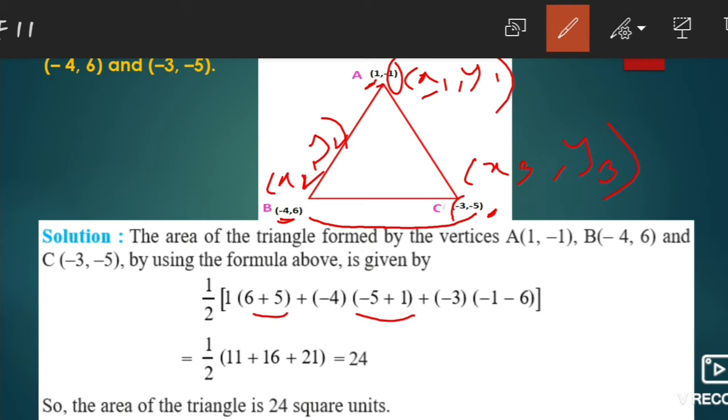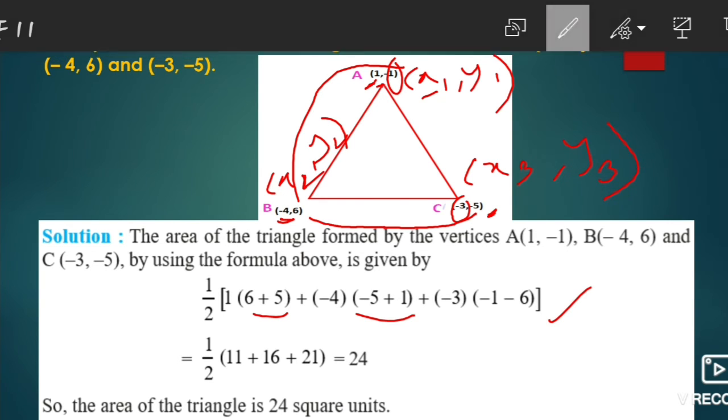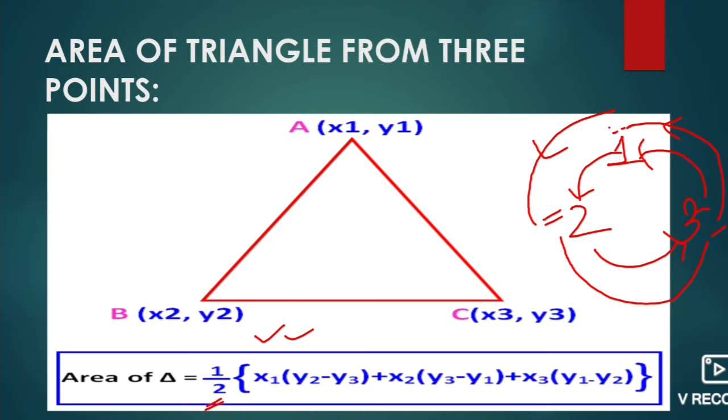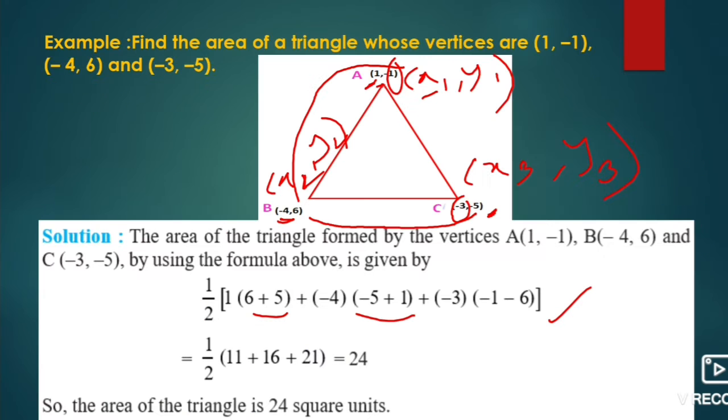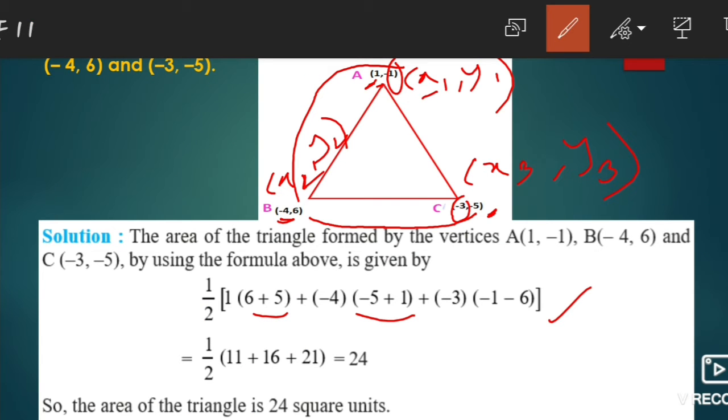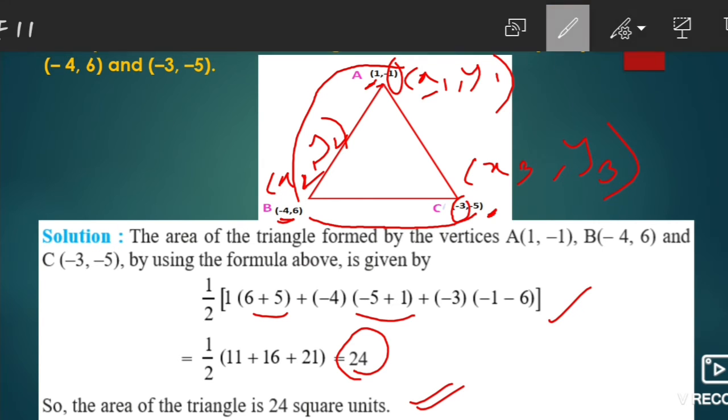Then minus 3 into minus 1 minus 6. If you use the formula, you will get the area of this triangle as 24. So the area of the triangle will be 24 square unit.